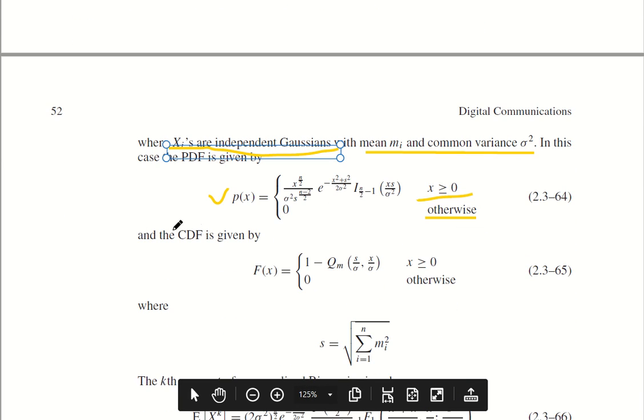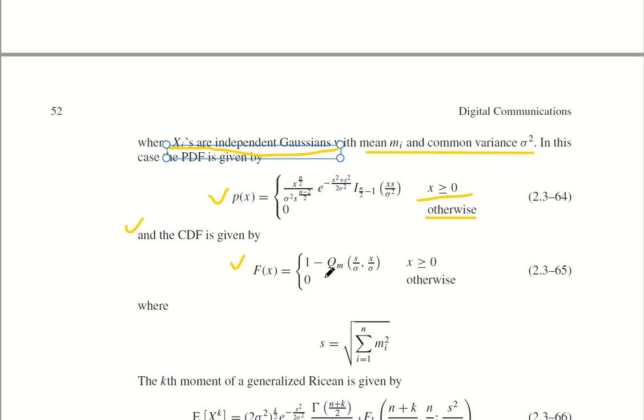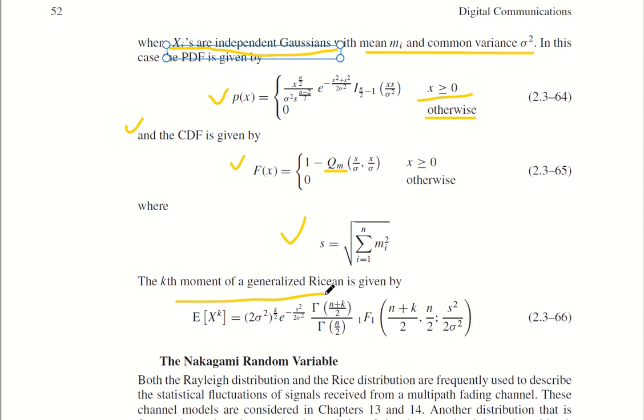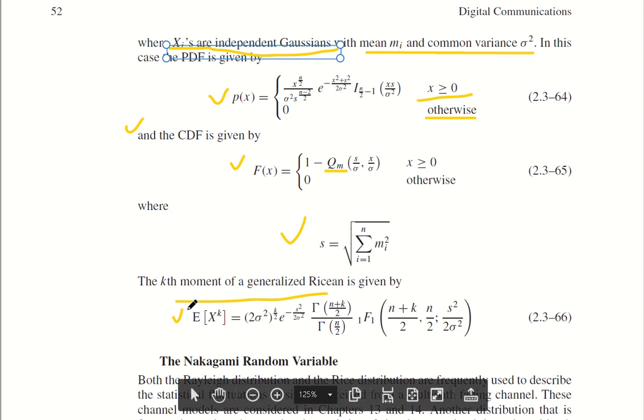And then the CDF is given by this, with the Marcum Q function, where s is the square root of the sum of the squares of the means, and the k-th moment of x is given by this, with an exponent and a gamma function.